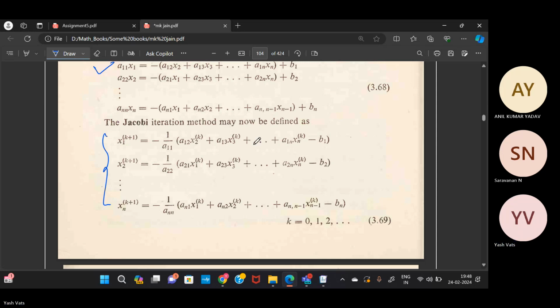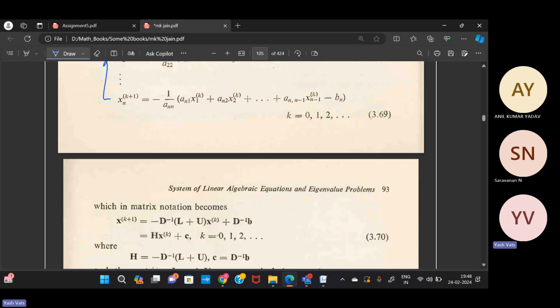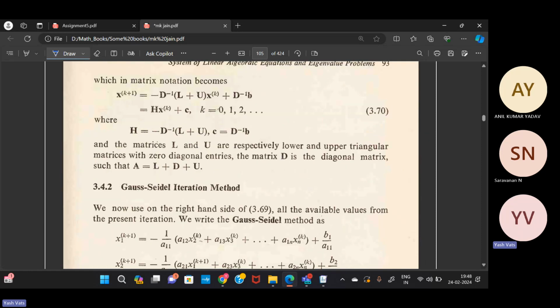Okay. And there is an easy way to do that. x(k+1) can be written in this form, where H is what you call the iteration matrix. You check the eigenvalues of H. If they are less than 1, then this method, the Gauss-Jacobi method, always converges for any value of x naught.